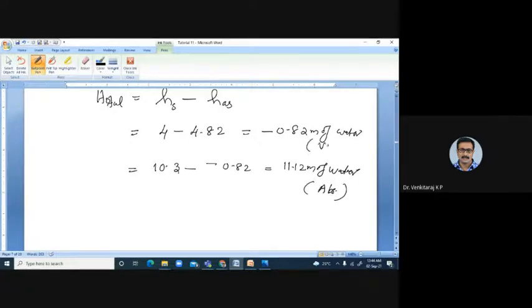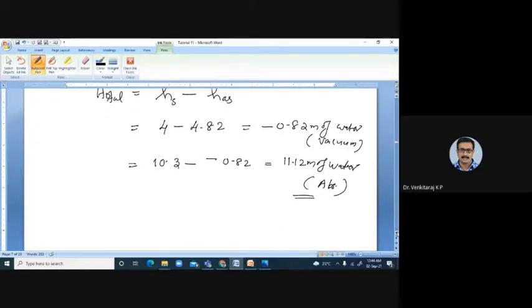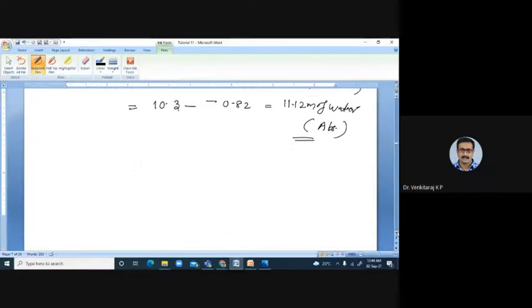So this is vacuum. So you have calculated the total pressure head value at the beginning and end of the suction stroke. Now let us find the total pressure head at the middle of the suction stroke.